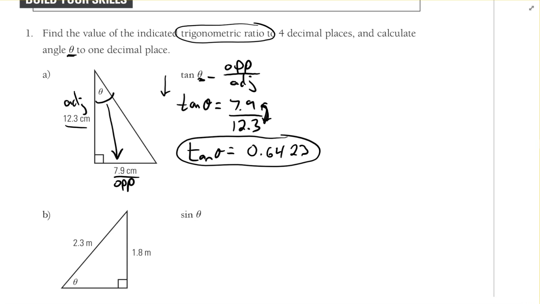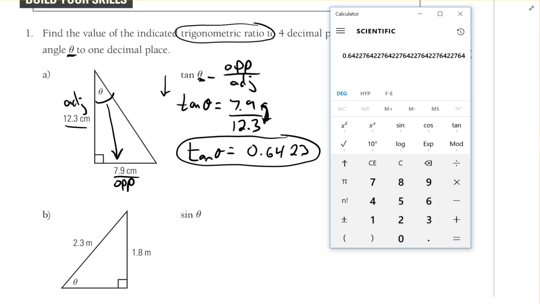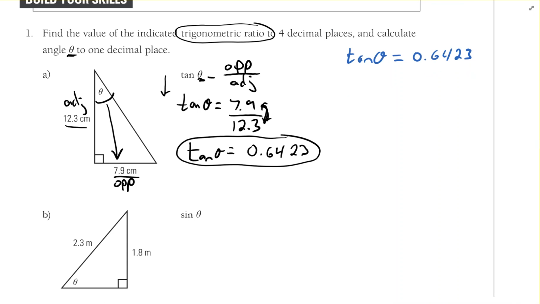The next thing we got to do is we're going to write tan theta is equal to, well, we just figured out what it's equal to. It's equal to 0.6423. Now the next one we're going to have to do in our calculator properly. It's just making sure we got that figured out on your calculator. They're all going to be a little different. And just before you put it in your calculator, I just want to write out what it should look like if we're looking for the angle theta.